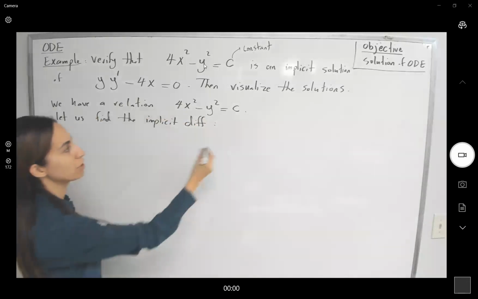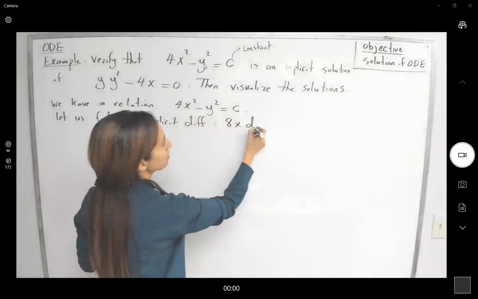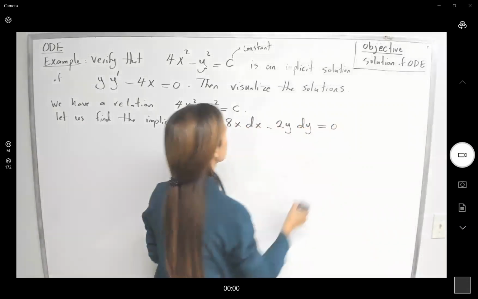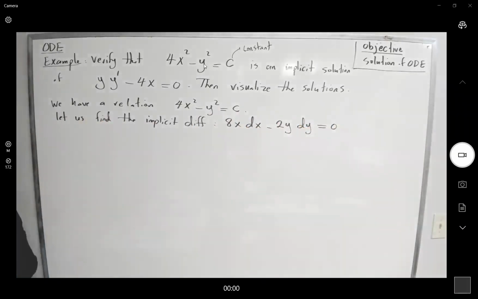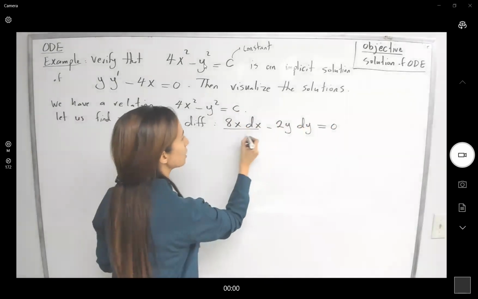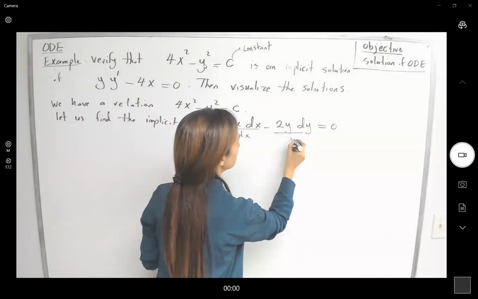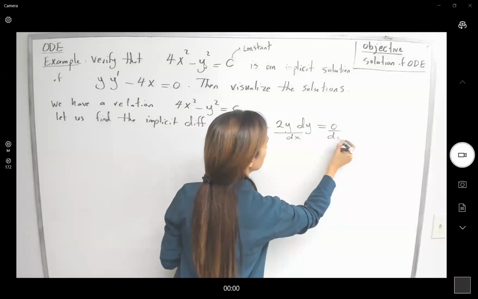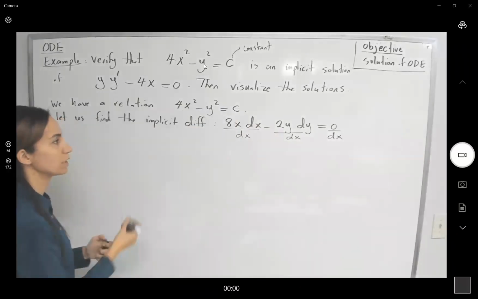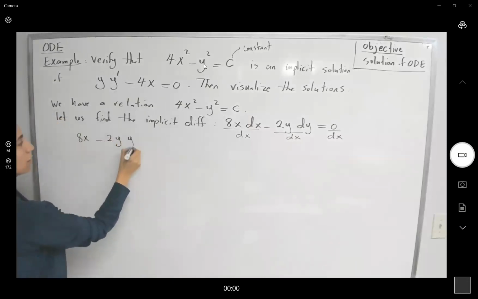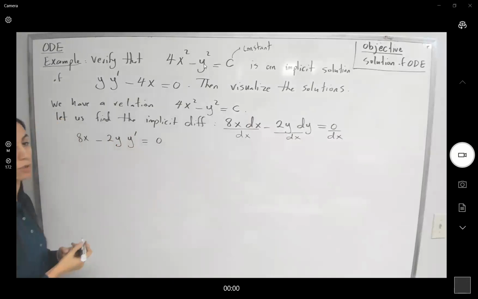So here you have 8x dx minus 2y dy equal to 0. The derivative of c is equal to 0. Now divide everything by dx. Well, what do we get? We get 8x minus 2y y prime equal to 0.